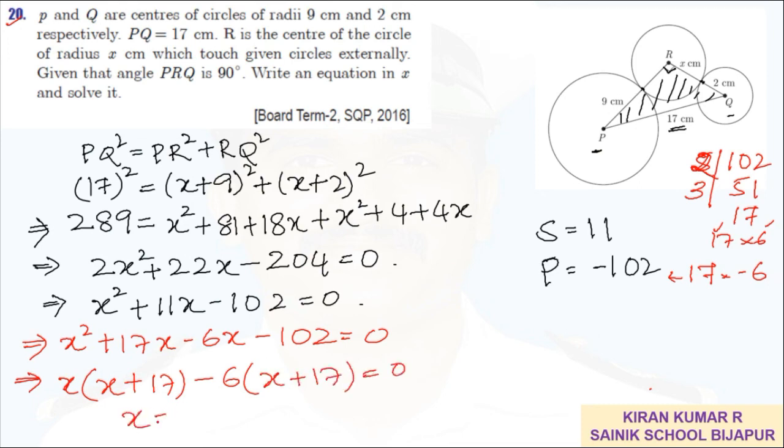The x values are positive 6 or negative 17. According to the question, it's a circle, so the radius cannot be negative. Therefore x should be only 6.